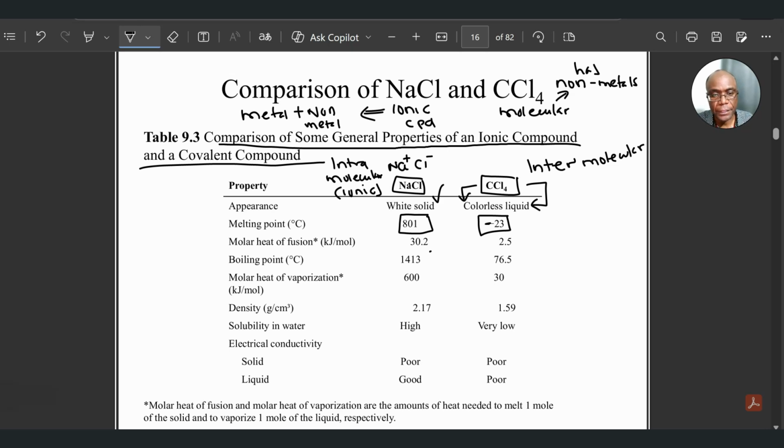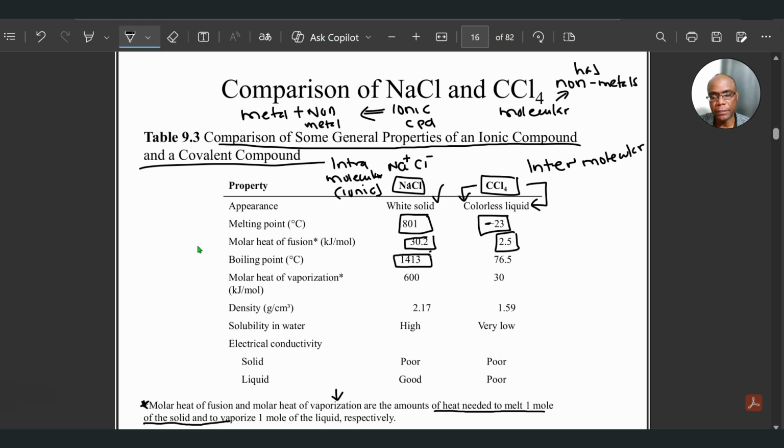The heat of fusion here, as marked with an asterisk, is the amount of heat needed to melt 1 mole of the solid and to vaporize 1 mole of the liquid if it's vaporization. So for you to melt 1 mole of sodium chloride, that's the much kilojoules you need, but for carbon tetrachloride it is less. And the same idea will be used for boiling point.